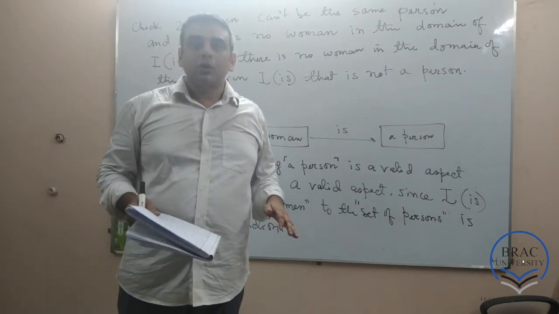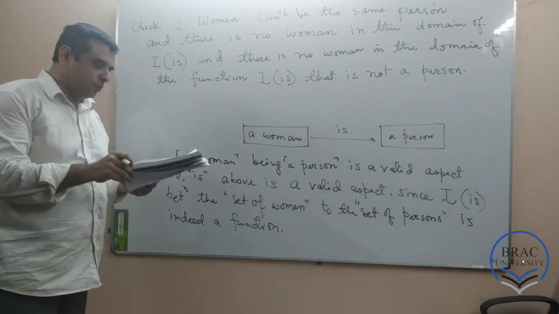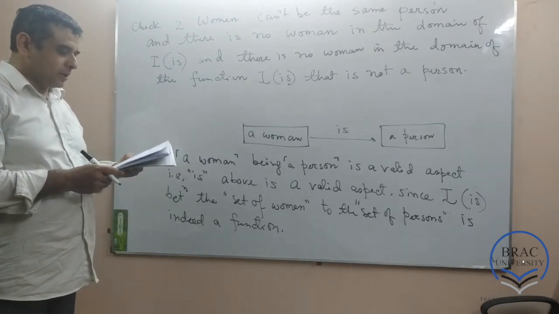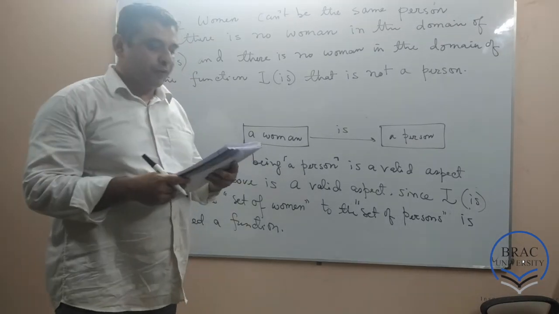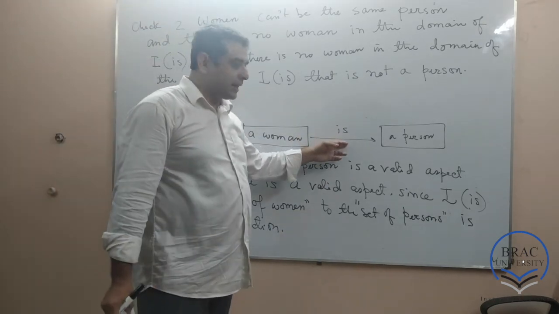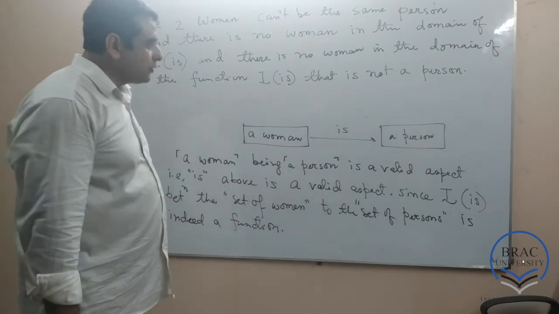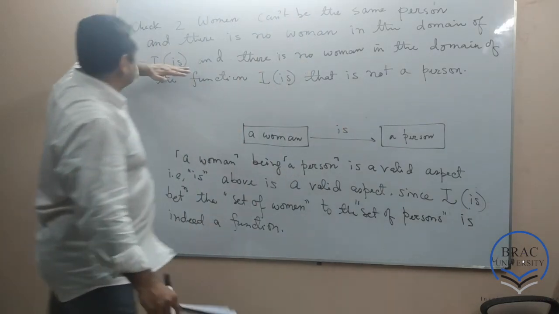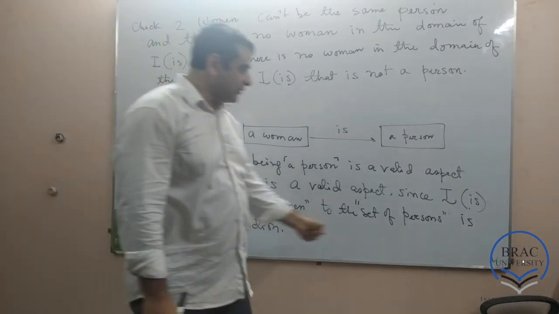Alright, so I think we can postpone here, and in the next lecture video we'll shed some light on non-functional relationships and invalid aspects. Here we have seen that this is a valid aspect between two types because under the action of this instance functor, this behaves as a function between these two sets.